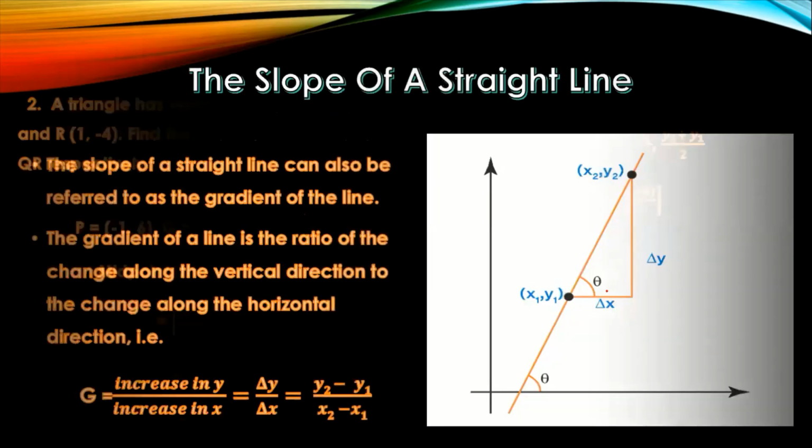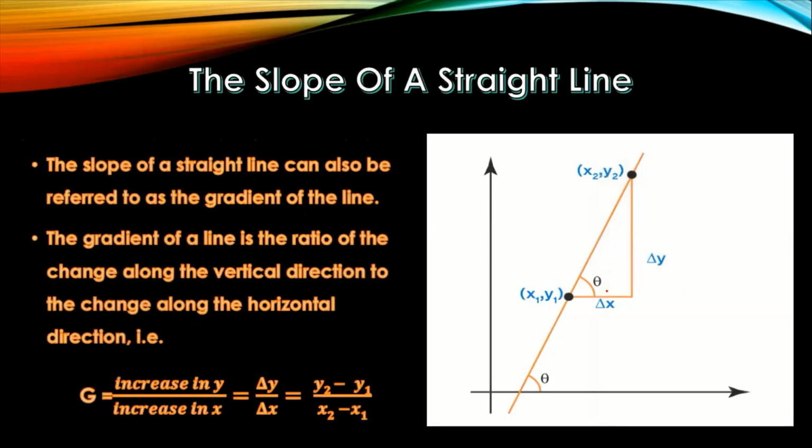Let's move on to the last subtopic we'll be treating under part 1, which is the slope of a straight line. As we've been taught in secondary school, the slope of a straight line is simply the gradient of that line. And the gradient of a line can be calculated by this simple formula, which says the increase in y divided by the increase in x.